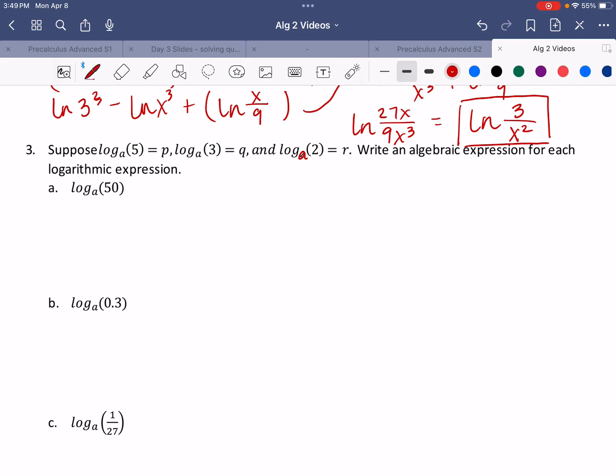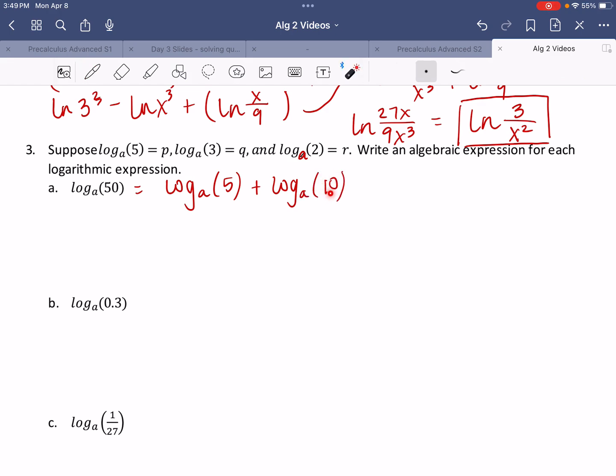One option, we could think of this as 5 times 10. So if I wanted it to be 5 times 10, I could separate it into the log base a of 5 plus the log base a of 10, and then I'd have to keep going. 10 wasn't in this list, but I can break it down again with a 5 times 2.